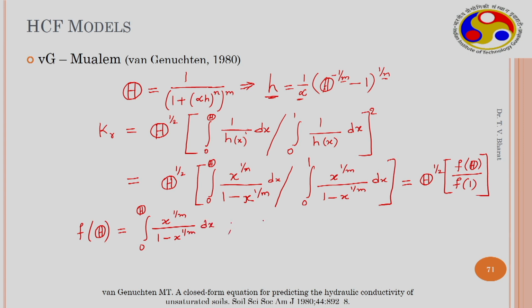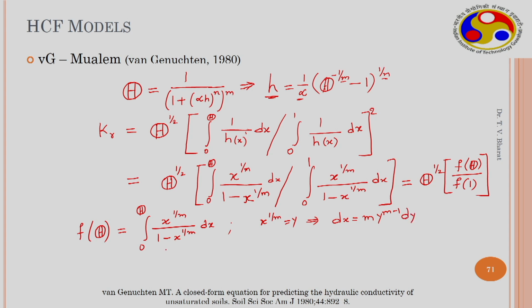This can be simplified by substituting x power 1 by m equals y. If we do that, dx equals m y power m minus 1 dy.